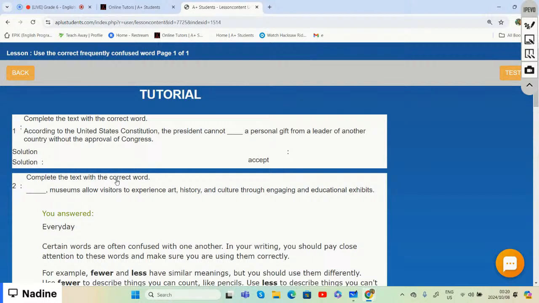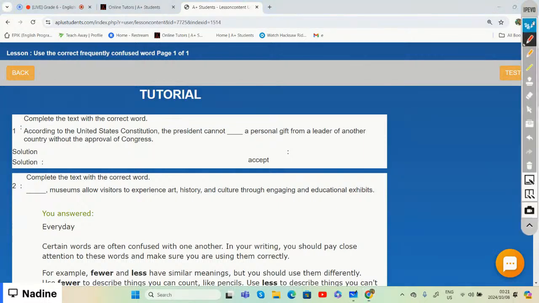All right, so now we need to choose the correct word to complete the sentences. It says, according to the United States Constitution, the president cannot. I'm going to give you two words and then you are going to choose the correct word.